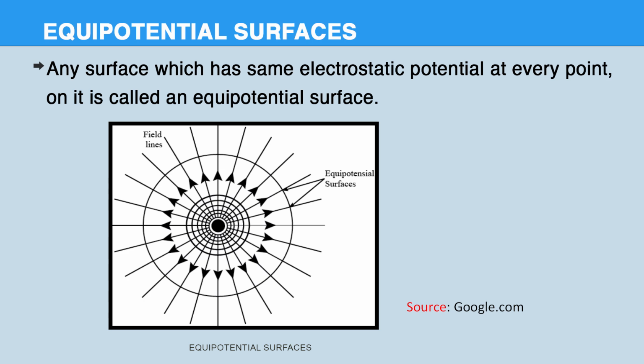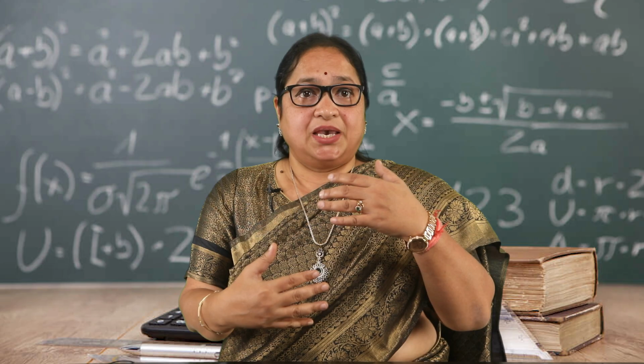For example, if you imagine the surface of a lake as an equipotential surface, the water level is the same everywhere on this surface. Similarly, in an electric field, an equipotential surface represents a level where the potential is uniform.